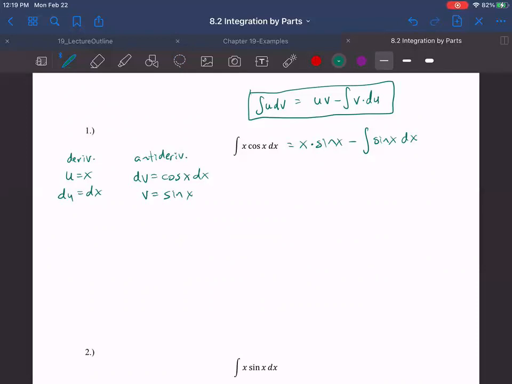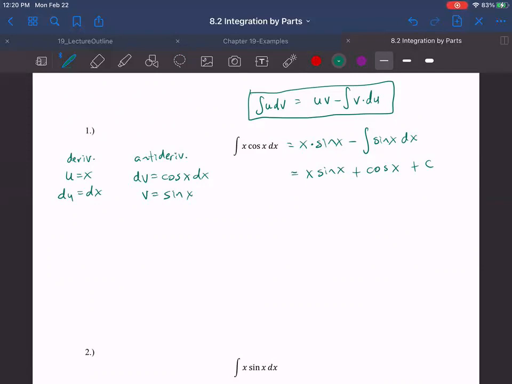And what's the integral of sine? The derivative of cosine is negative sine, so we have that negative, okay. So this is x sine x, and then it's minus a negative cosine, which becomes plus cosine x plus c.